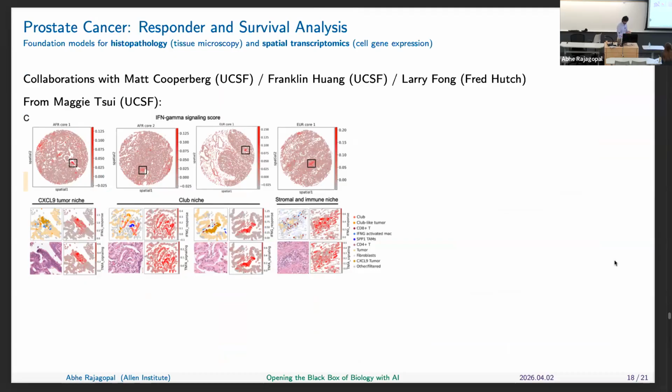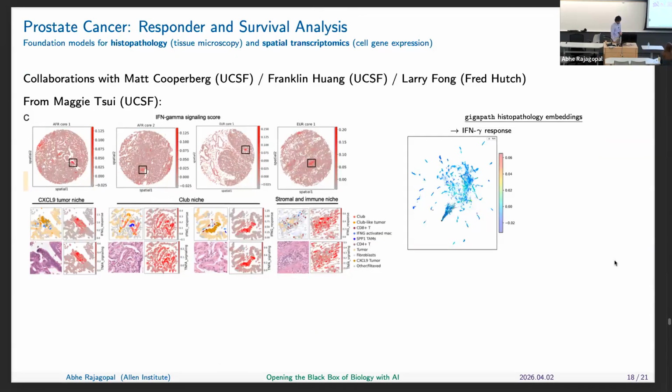And here's an example where this grad student from UCSF, Maggie, was able to find this signature by correlating histopathology with spatial transcriptomics, and specifically a gene signature which they call interferon gamma signaling. What I was able to show is the patch embeddings, or the trace embeddings, from an existing histopathology model.